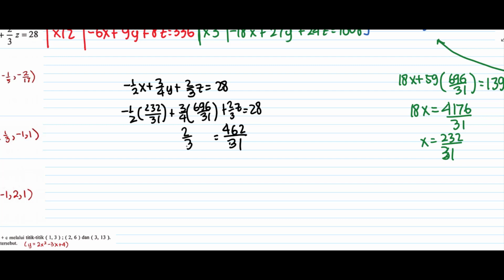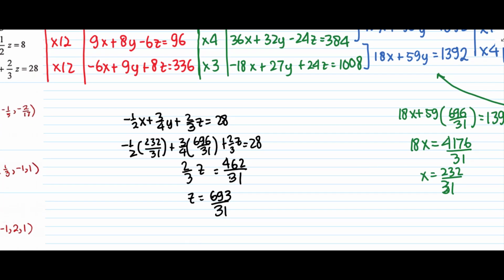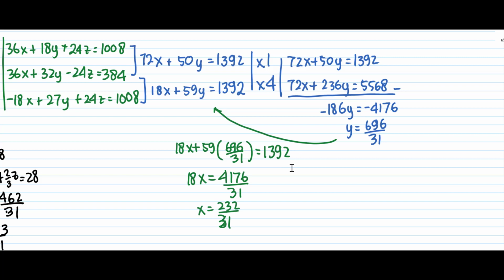So z will be 462 over 31 times 3 over 2, which is 693 over 31. Oh, my answer is different from the answer key. Maybe you can tell me where I made mistakes.